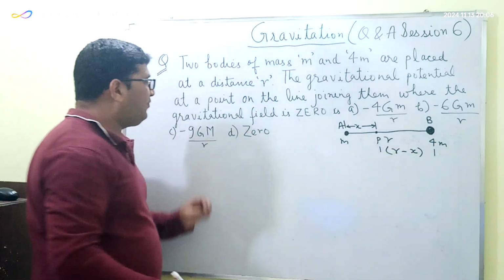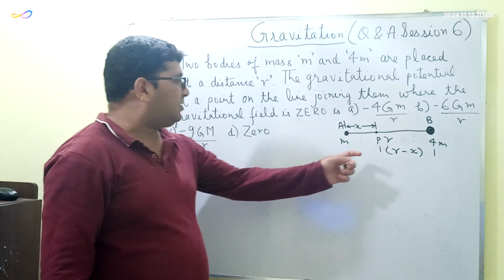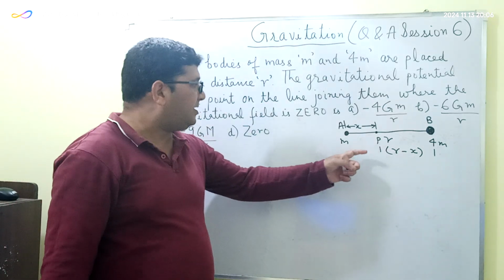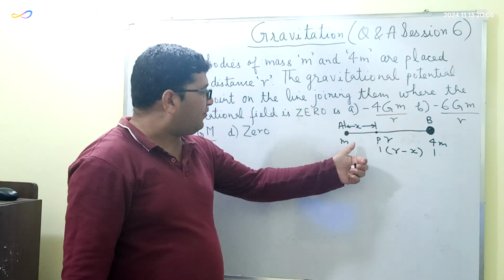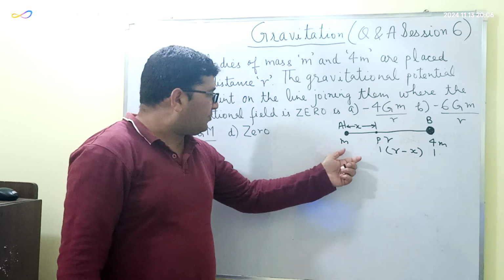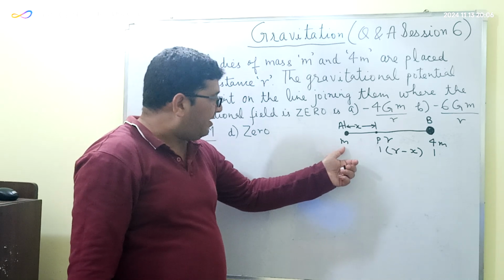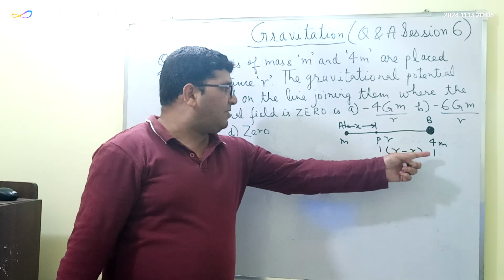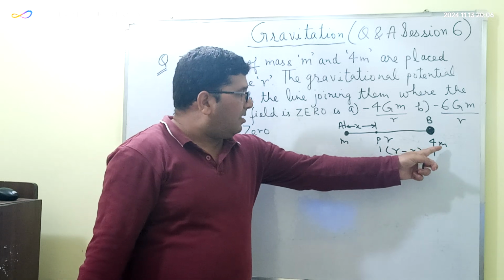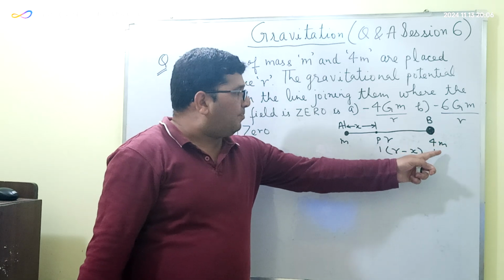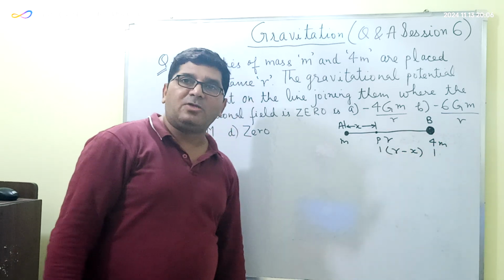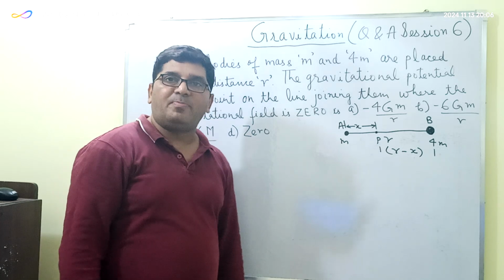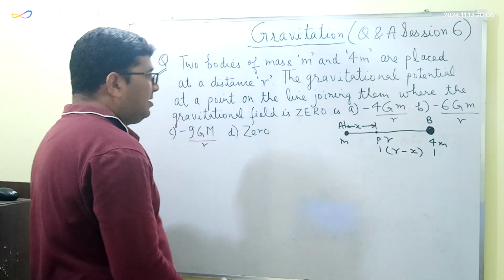The gravitational field will be zero at this point P only when the magnitudes of the gravitational field intensity due to the body of mass m and due to the body of mass 4m are equal but acting in opposite directions.